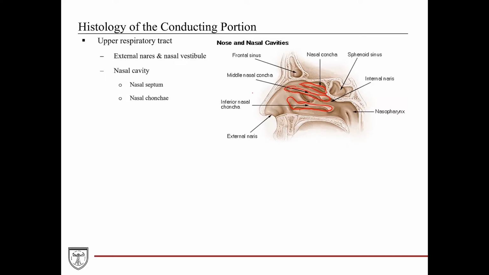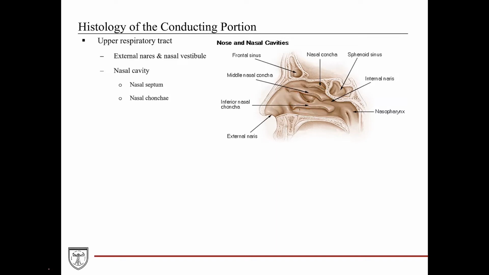The nasal conchae as a whole serve an important role in creating turbulence in the incoming air. It also increases the surface area for contact between the mucosa and the air, for that air to have an opportunity to humidify and warm or cool depending on the external environment.